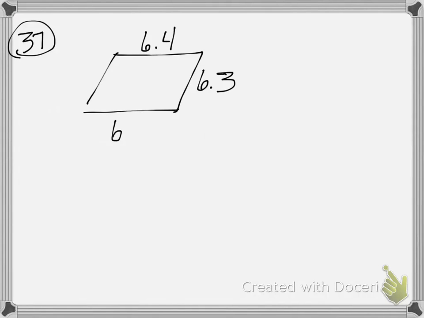37. Find the perimeter. Perimeter means just add all the sides together. I'm sure glad they gave us a perimeter one and not a circle where we had pi, because I definitely want to use my calculator on something like that. So yeah, we just have to add up all 4 sides.